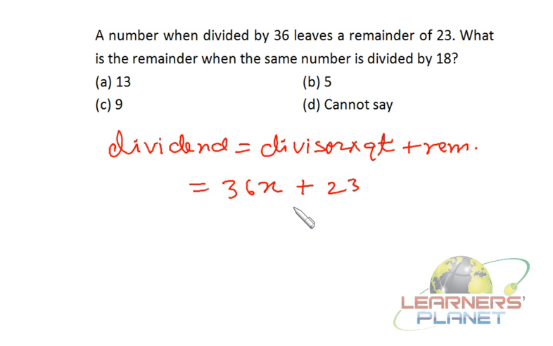If the same number is divided by 18, we have to find out the remainder. Now suppose I divide it by 18. Okay, now 36 is a multiple of 18, so we won't be getting any remainder from this term. And 23 is not a multiple of 18, so we'll be getting remainder from here. So 23 when divided by 18, we'll be getting the remainder as 5. Okay, as simple as that.